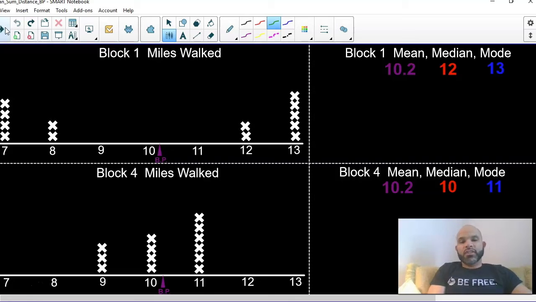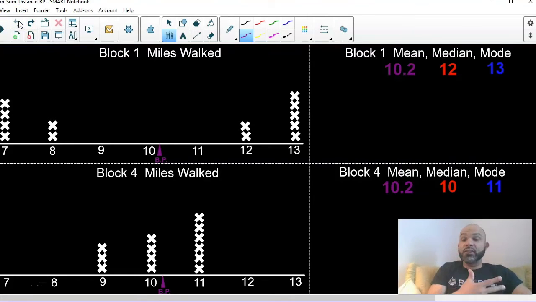So then you were to make a decision and recommend who you thought should win the contest. All right, now you probably wondered or figured he did this on purpose. We have the same mean, right? Both classes. So that wouldn't have been the deciding factor.